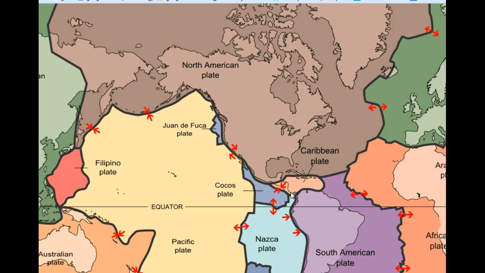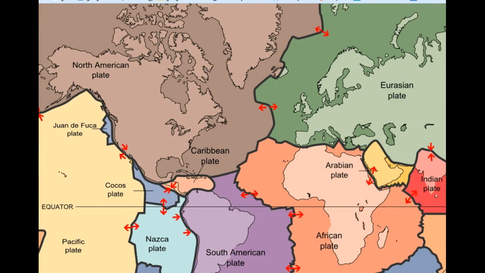Here is the Juan de Fuca plate, really small. Philippine. Here's the Pacific plate, really a large one. And if we went over here, we'd see, let's move this over, the Arabian plate, African plate, and a lot of them coincide with the continents that are on them.